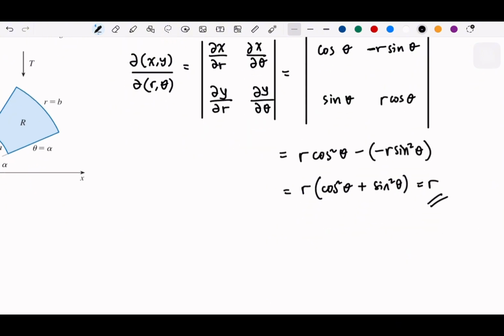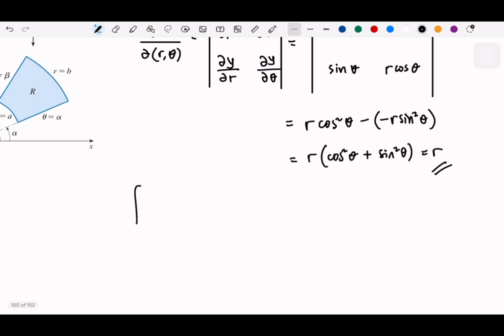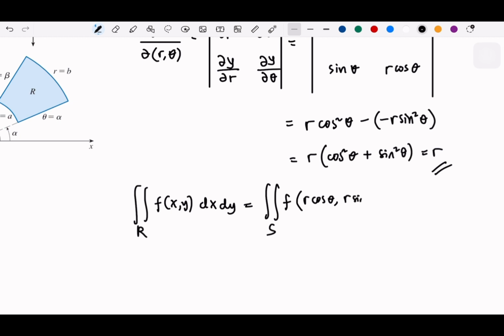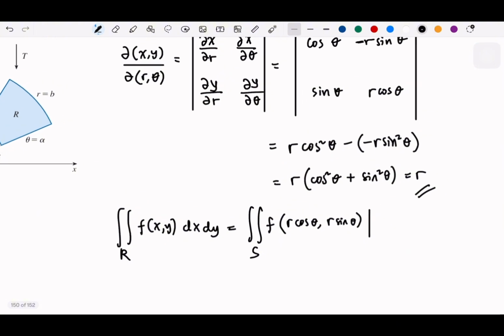And this is practically what we have in the double integration. The double integral of f of x, y, dx dy, or dy dx, the same, we transform to the function being converted: x is r cosine theta and y is r sine theta, multiplied by the Jacobian, which is r, and then this is changed to dr d theta.